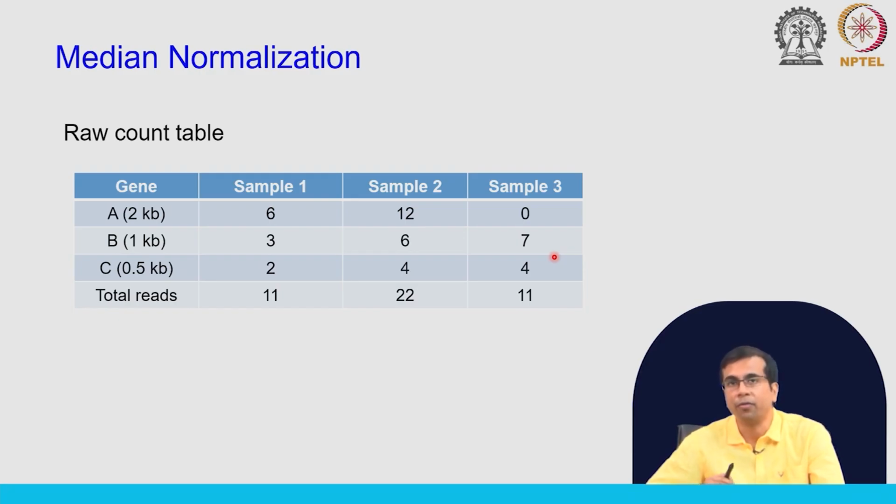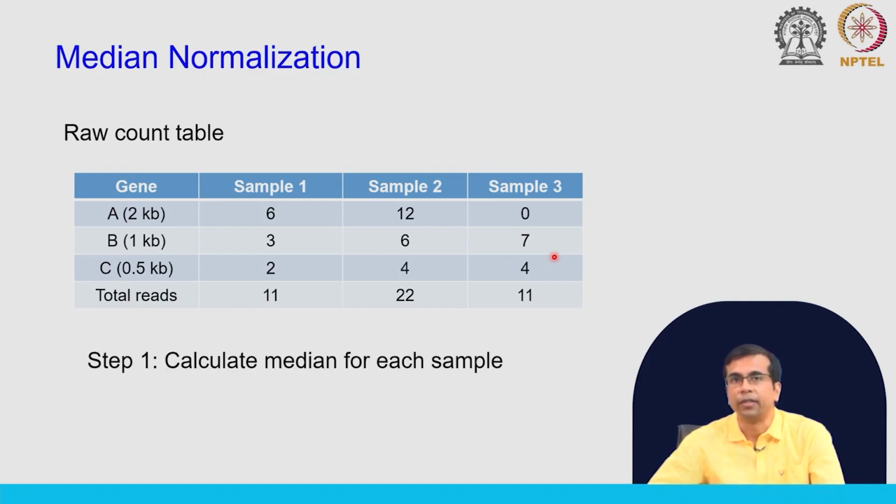You have to calculate the median value of the read counts for each sample, and then scale each sample's read counts by the median value you get from that sample.